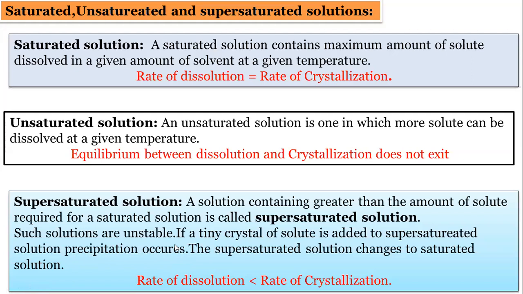Already the amount of solute is very high, that's why it is called supersaturated solution. From this we can remember the rate of crystallization is higher than the rate of dissolution, so the supersaturated solution changes to the saturated solution.